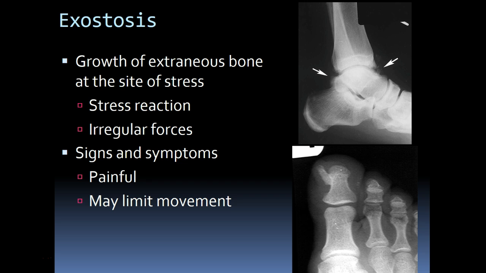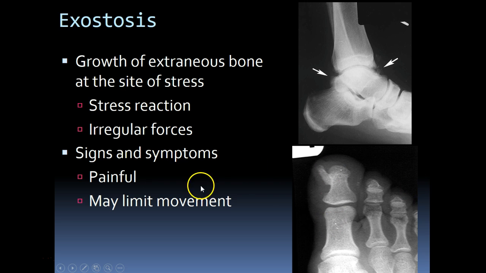So exostosis, growth of an extraneous bone, it can occur as a stress reaction to an injury or based on too much force being applied to that particular bone. And what we tend to see, and what you see here, or here, and then definitely in this toe here, is that bone develops as an exostosis or an outgrowth at the site of stress.